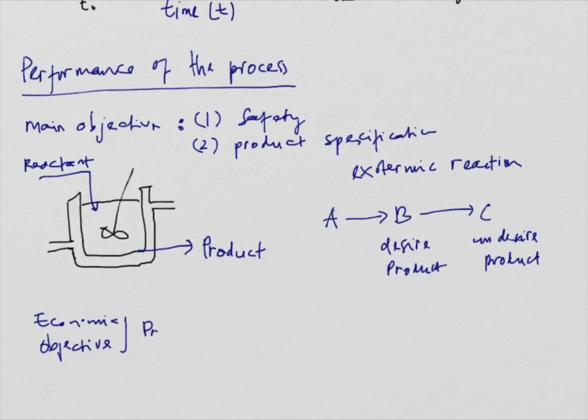How can we maximize the profit? Profit is a function of the revenue of product P, and maybe the reactant A, and a function of the coolant.